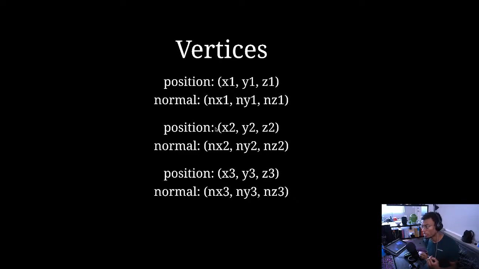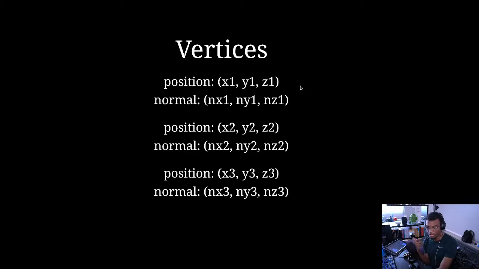And vertices, and the way that you interact with them in the code, are going to be a list of data points. And each of these data points will have the same fields, which are called attributes. So for example, this is a list of 3 vertices, and each one has 2 fields, a position and a normal. And so you'd list these out in the code, and then you'd pass these to a vertex shader.